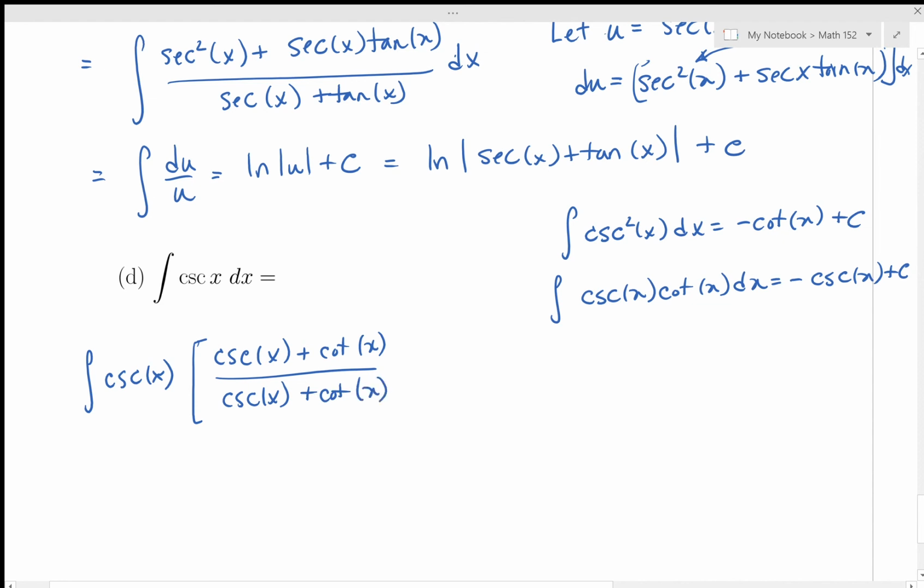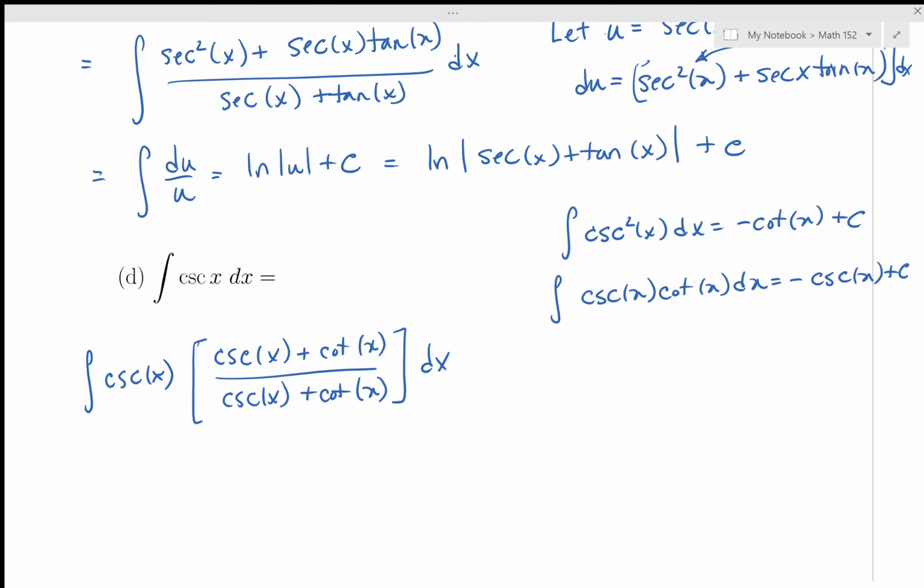So I'm multiplying by 1 again, and 1 is going to be represented in a different form. It's quite extraordinary, you know, multiplying by 1 and adding 0.